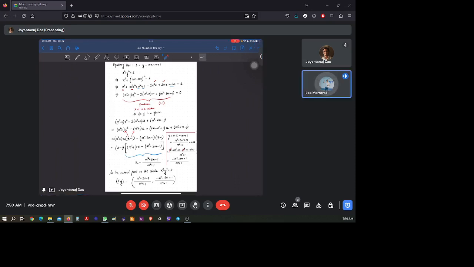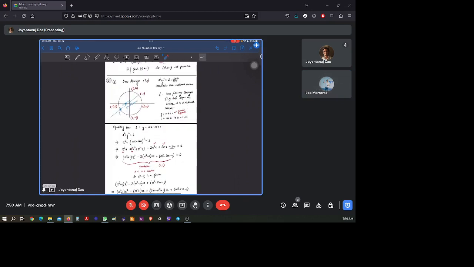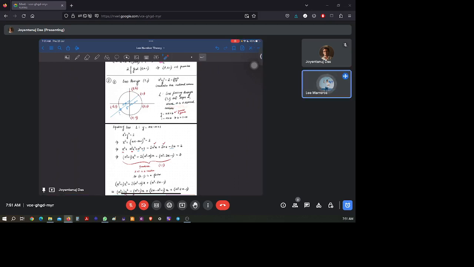So we assume that the slope is already a rational number. Yes, that is already given in the question. So the coordinates are rational numbers, and we are assuming that the slope m is a rational number.